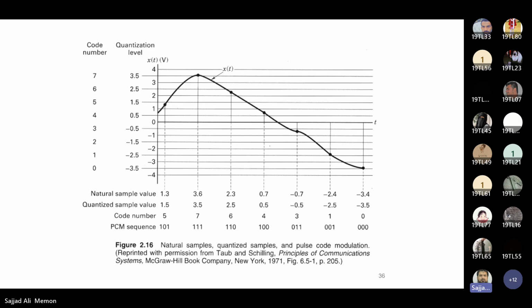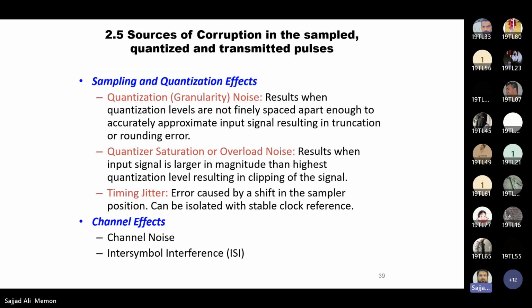In that case, the error can be plus 0.25 or minus 0.25. But it cannot exceed 0.5 because the maximum quantile step is 0.5. So the error will be less than 0.5 in any case, for any of the distributions. Is it clear?